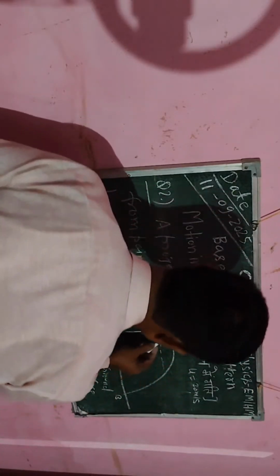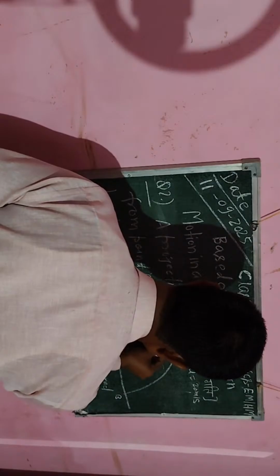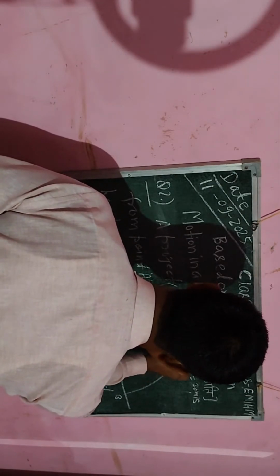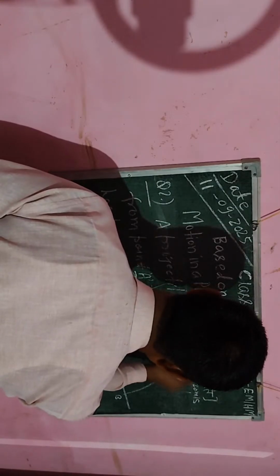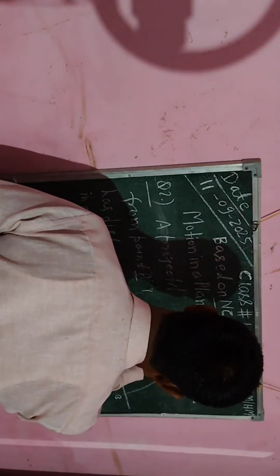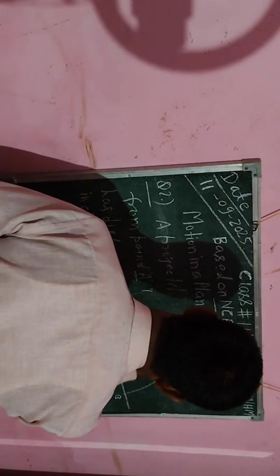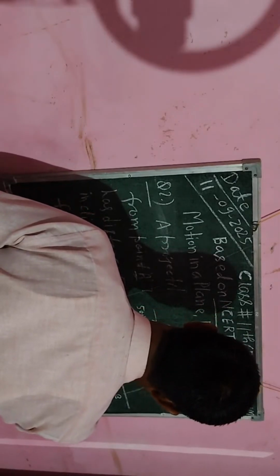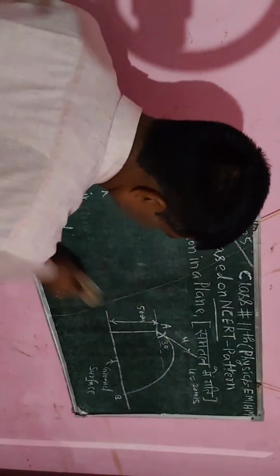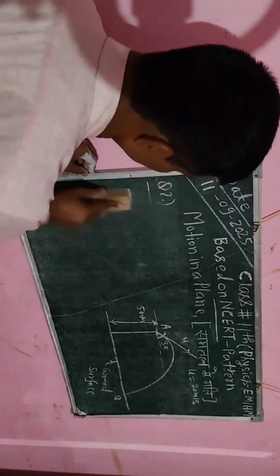Now the angle of projection is given as 30 degrees, and the velocity is given here as 20 meter per second. Here I will write its velocity, indicated with u, and the value of u is 20 meter per second. This written data I will also read because there is no extra space to keep the question here.